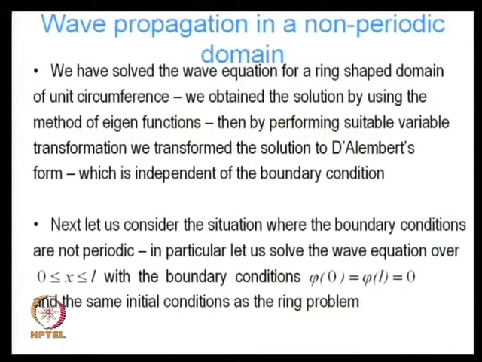In particular, let us solve the one dimensional wave equation over a domain 0 to L, x goes from 0 to L, with the boundary conditions that phi of 0 is equal to phi of L is equal to 0. So, it is fixed at the two ends, right.